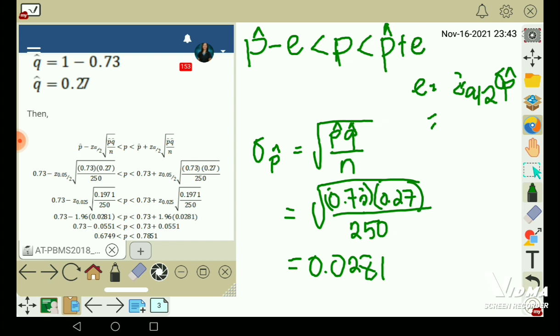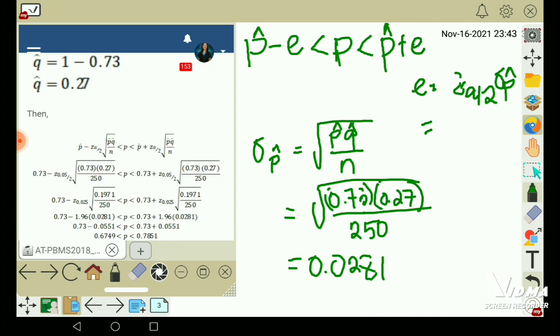Take note that since it is a 95% confidence interval, we are going to use 1.96. I already gave you the values for this one from the last lesson, which is lesson 7.